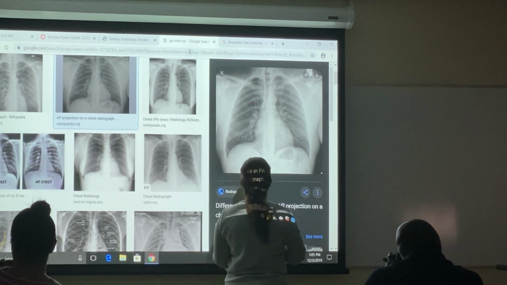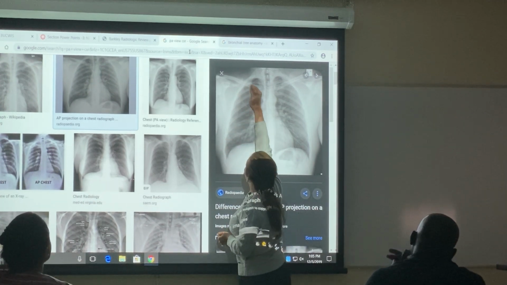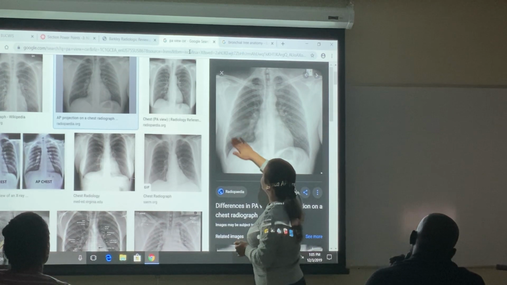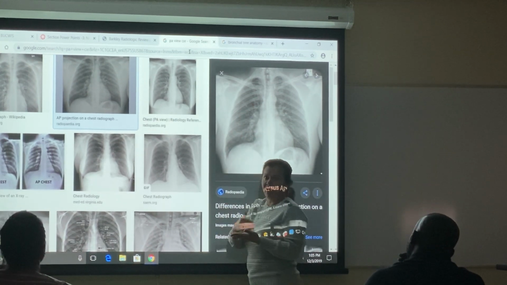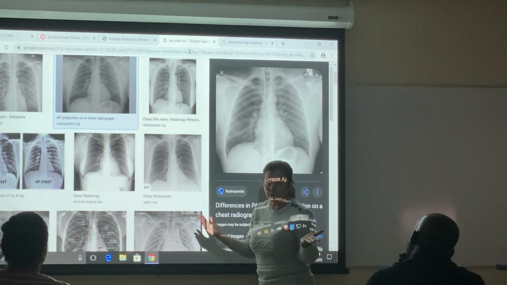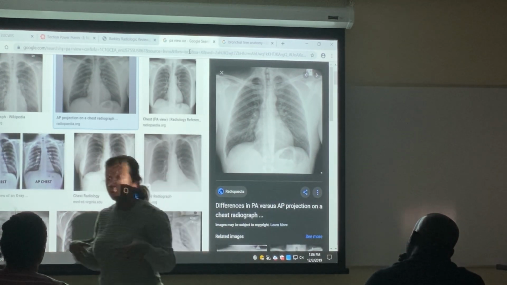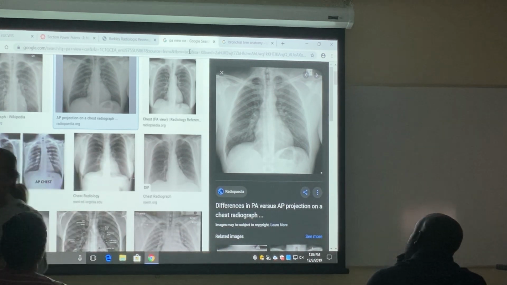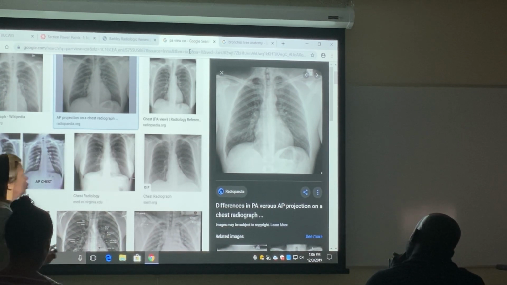Any questions so far? So then we look at the borders, right? And I'm looking at the ribs, I'm also looking at the actual structure of the ribs because you can have fractures in the ribs. Now, we'll be paying more attention if my patient is all bruised, you know, suspecting any type of abuse, right? Or after a fight or after a motor vehicle accident, I will be paying more attention to the ribs.